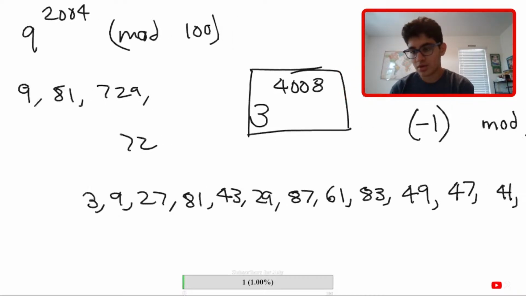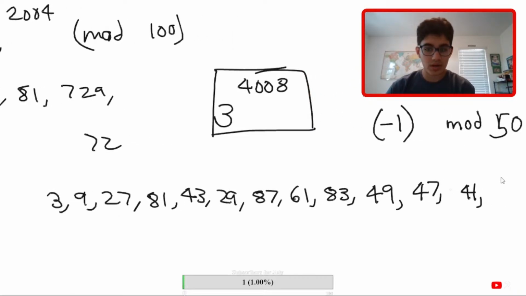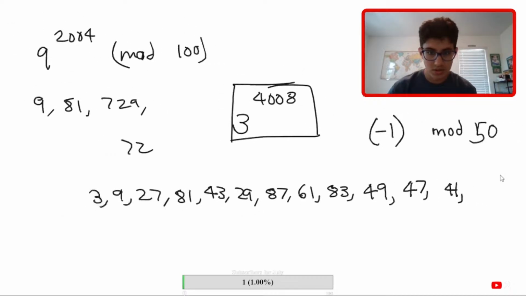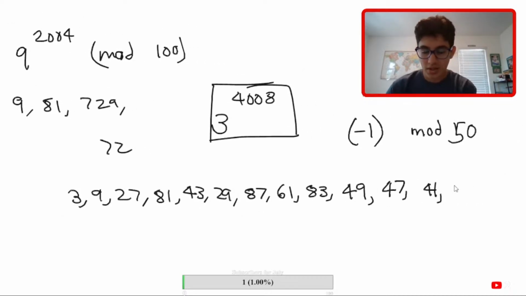Then we have 123. Wait, can you see all this? No, you can't, right? So let's zoom out a bit. Next one would be 43. Sorry, 123, so 23. Then we have 69. Then ignore 60. That gives you 180, so you just care about the 80.